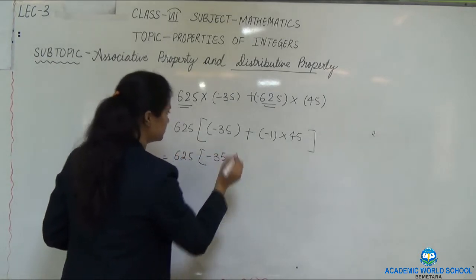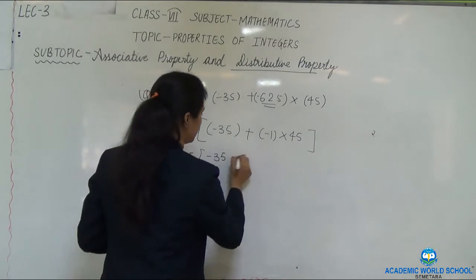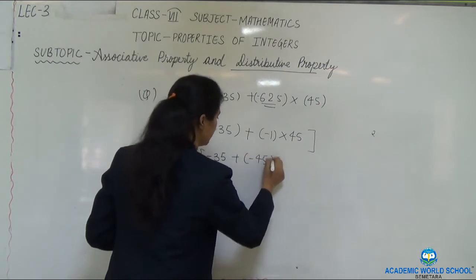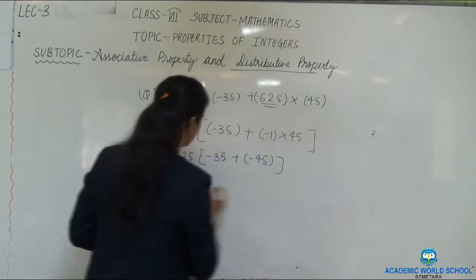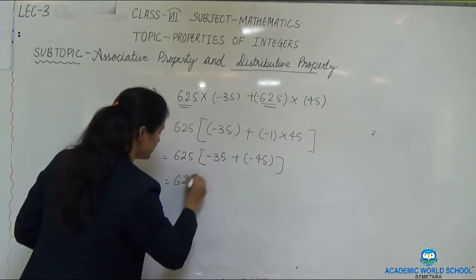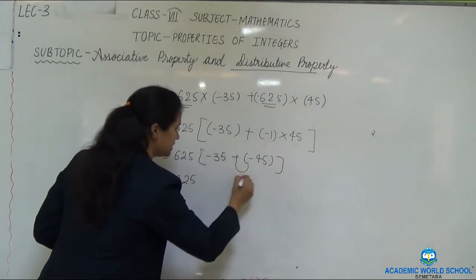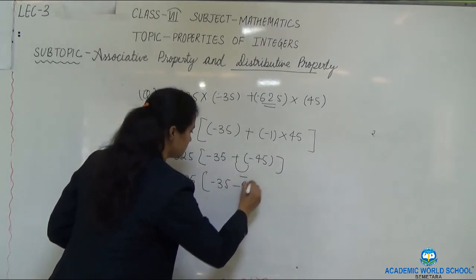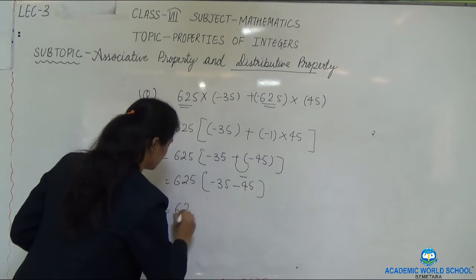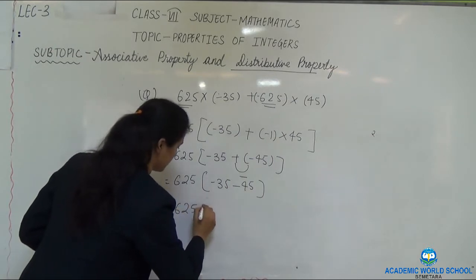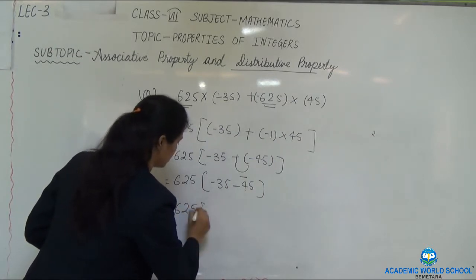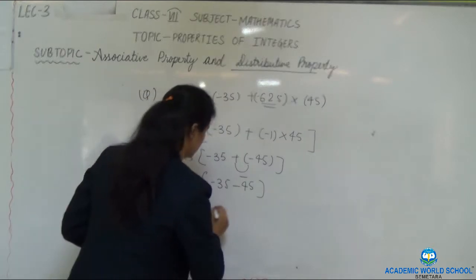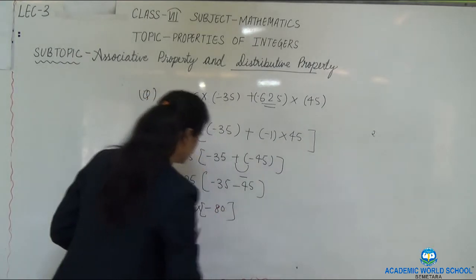Minus 35 plus minus 45. First we will multiply both of them. Then 625 into minus 35 minus 45, which is minus 18.